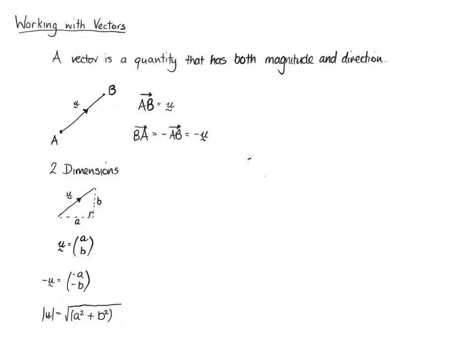Right, so 3 dimensions. Things become a little bit harder to draw and to visualize. But if we've got a vector u, again, it's going to have gone some direction in an a direction, and then it'll have gone some direction in a b direction, and then it'll have gone some direction, I'm going to extend this to make it work, in a c direction.